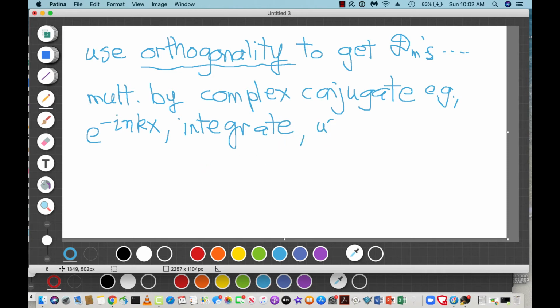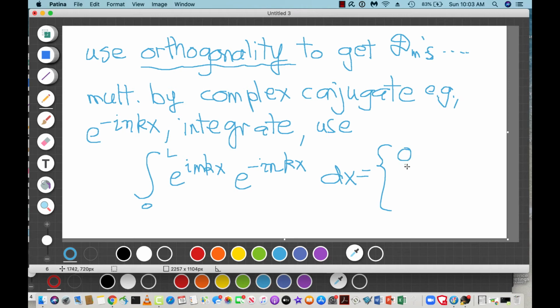And then you use the orthogonality condition, which is that the integral of e to the i m k x multiplied by e to the minus i n k x integrated dx from, let's say, 0 to capital L across the domain is equal to one of two things.